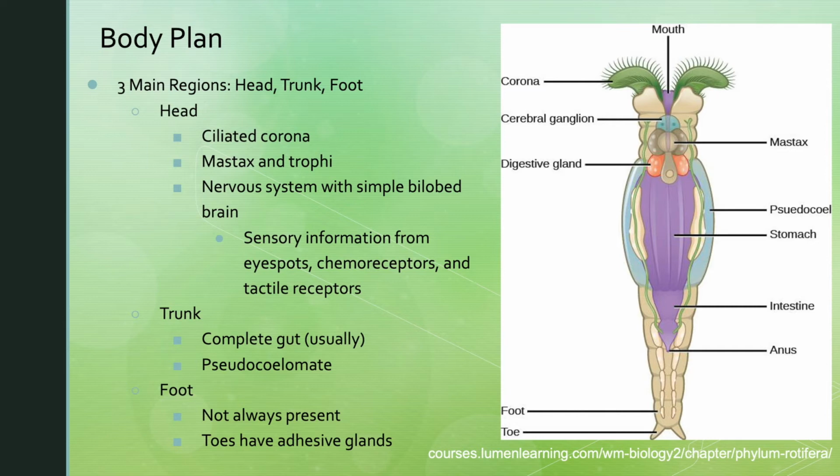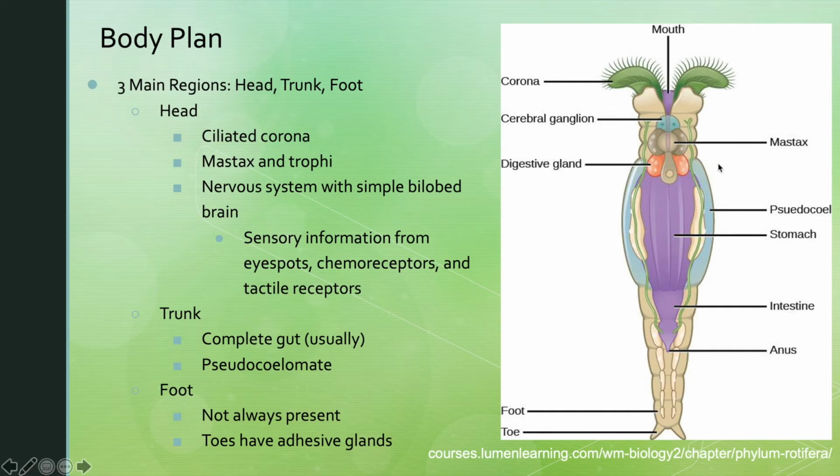Because of that variation, observing the trophi will help you in identifying what species of rotifer you're looking at. We also have a simple bilobed brain behind that mastax, and it's going to bring in information from the eye spots, chemoreceptors, and tactile receptors.